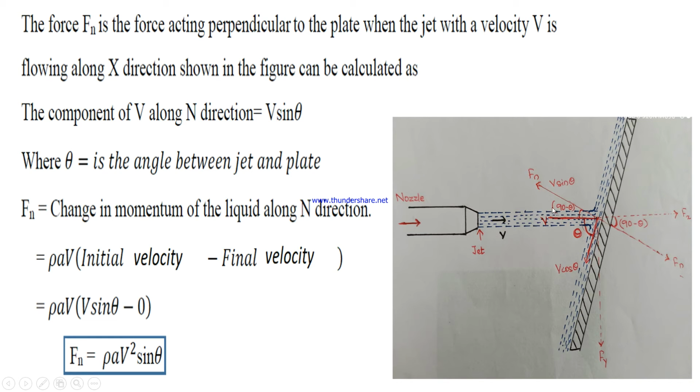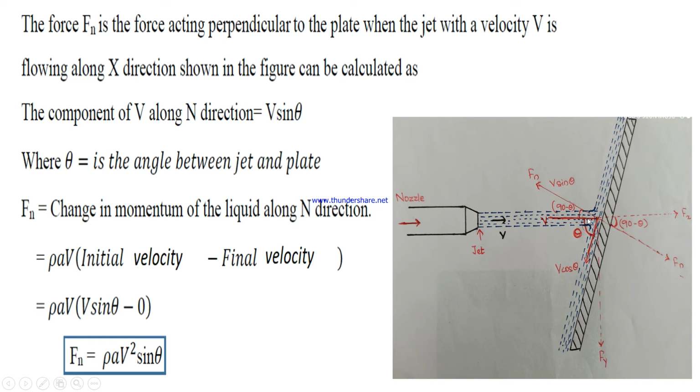Along the normal direction, the component is v sin theta, which represents the initial velocity of the jet along the normal direction. Along the direction of the plate, the initial component of velocity is v cos theta.